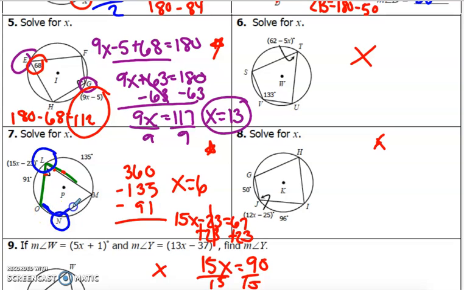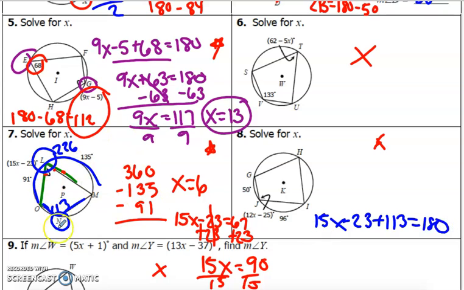I do know that angle N opens up to these two angles, so I could figure out the measure of angle N. So 91 and 135 is a total of 226 for this big arc. To find your inscribed angle, let's half it to get 113. I am almost out of time, so you could say 15x minus 23 plus 113 equals 180 because they are supplementary. Again, totally up to you.